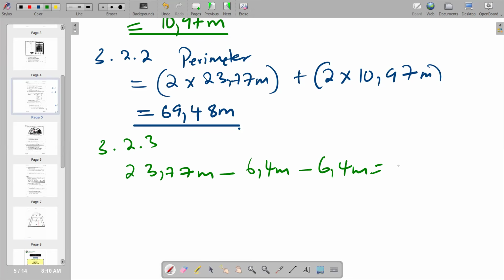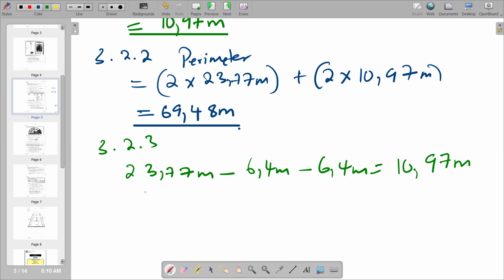And then the answer that you're supposed to get is 10.97 meters. So we can as well try to verify that calculation, whereby we say 23.77, and then subtract 6.4, subtract again 6.4.